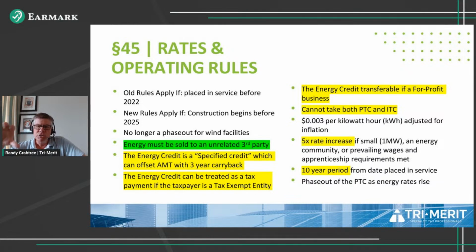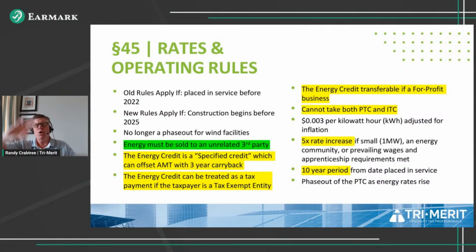Now, this is actually going to start at a 6% credit. But if we meet certain requirements, it'll get up. I mean, it's not a 6% credit. You see the 0.003 per kilowatt hour credit. That can be adjusted 5 times up if we meet certain criteria, which we'll talk about a little later. A production tax credit is not a one-time thing.